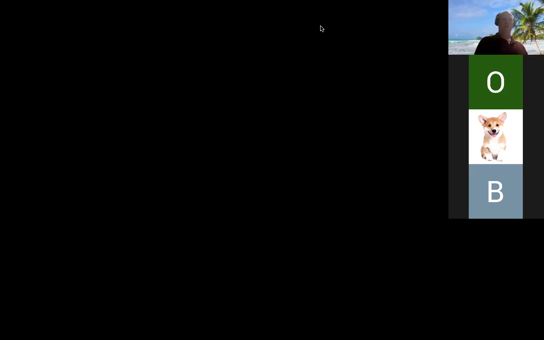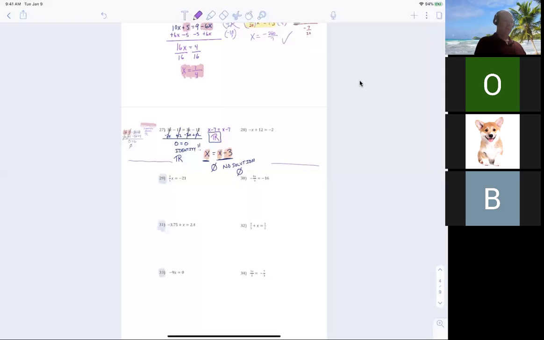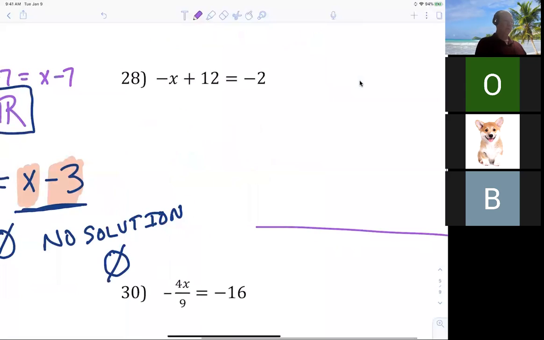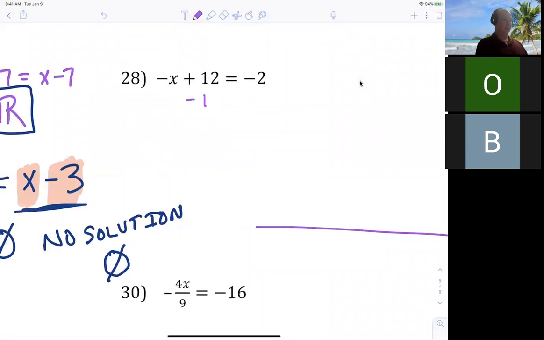I have no idea what you're asking, but here you go. So on this one, all you're doing is subtracting 12, right? Do you agree with that? Okay, hold on. So then you have negative x equals -14.